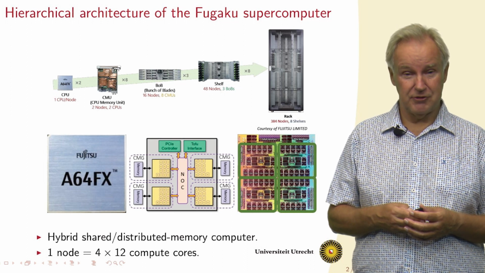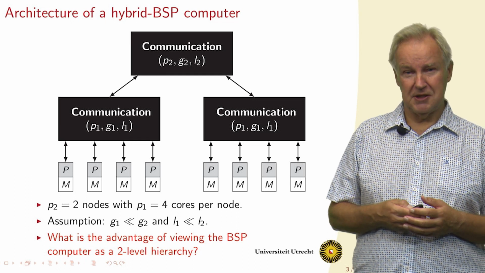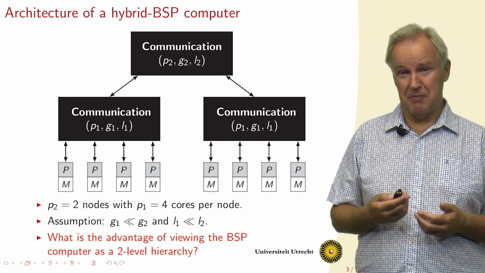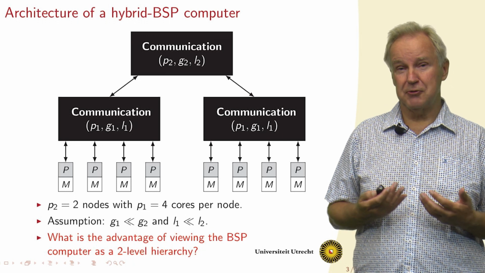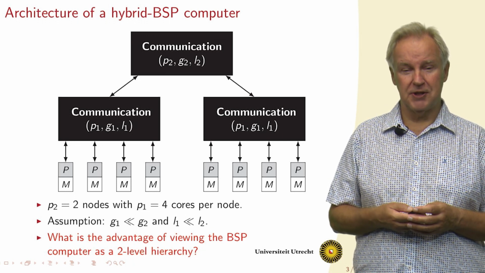So if we want to model this, we really need to make a distinction between the shared and the distributed memory. We want to reflect the hierarchy of the actual computer.